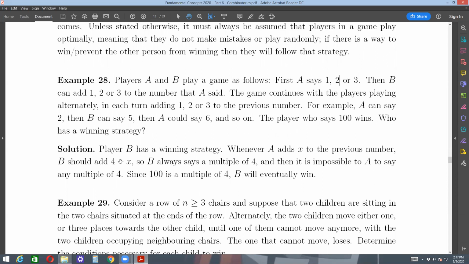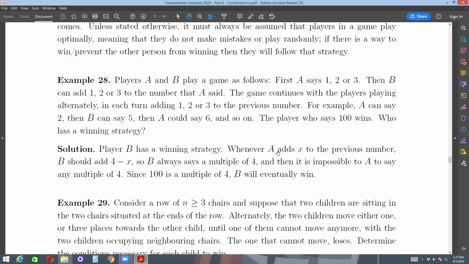The explanation here says B has a winning strategy. Whenever A adds a number X to the previous number, B should add 4 minus X. So even though A goes first, the second player has a winning strategy.